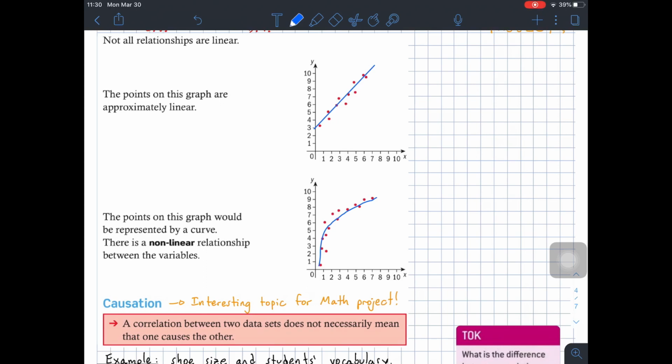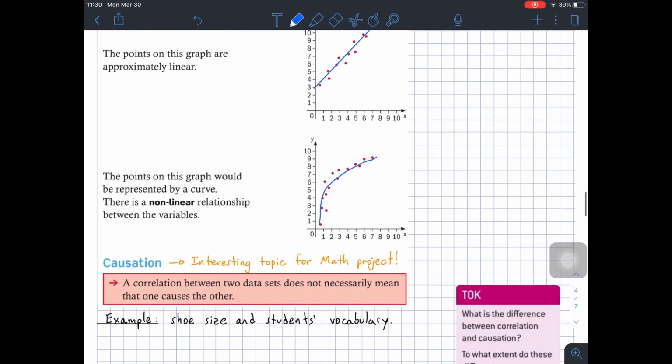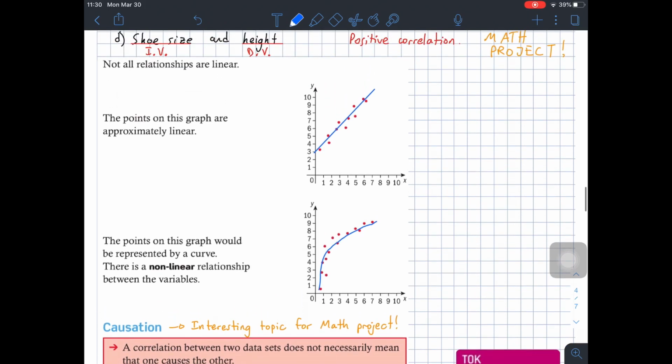In this case, this would be a logarithmic or maybe a square root function, okay? That would model this set of points. So important to know, not all the relationships are linear. There might be non-linear ones, which we could classify as exponential, quadratic, trigonometric, logarithmic, etc.